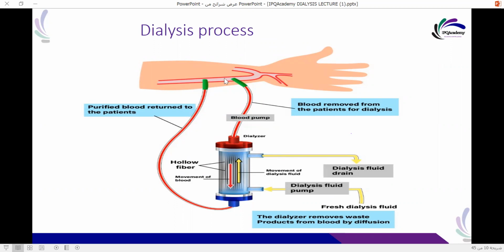Here also the blood is coming from the patient, from up to down, then the filtered blood returns back to the patient. This is simply the process of hemodialysis. As you see here, no blood is mixing inside the machine. This is only through the filter.